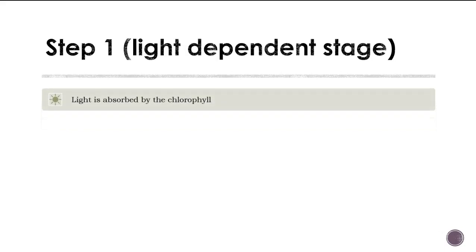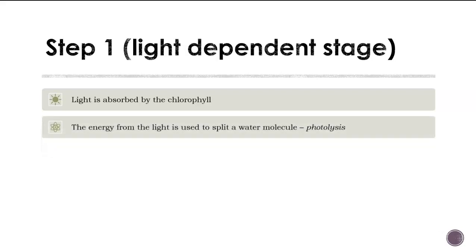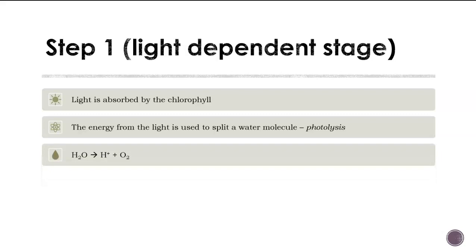Okay, so we said that we had two different stages, our light dependent and light independent stages of photosynthesis. This is all from 2.9, so still a revision. In our light dependent stage, light was absorbed by chlorophyll. The energy from the light was used to split the water molecule, and we called that photolysis.